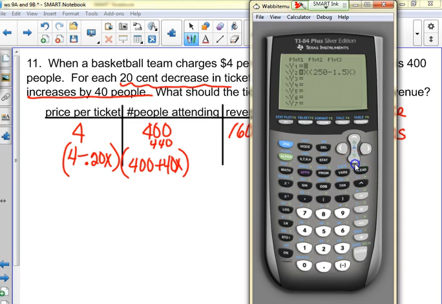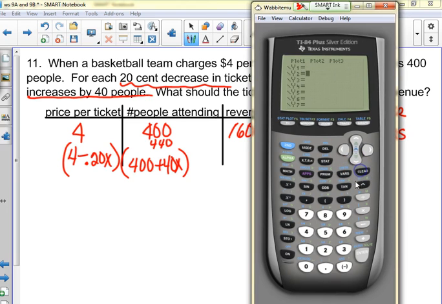So I'd have parenthesis 4 minus 0.2x, parenthesis 400 plus 40x. I'm just going to try the window I had. Yep, ridiculous. This actually can't go out past like 20, because 20 times 20 cents would be $4, and then you'd be down to charging nothing.